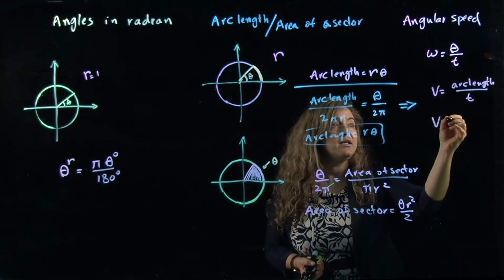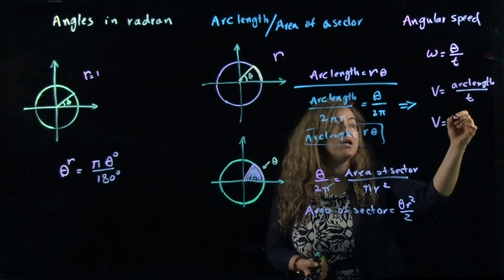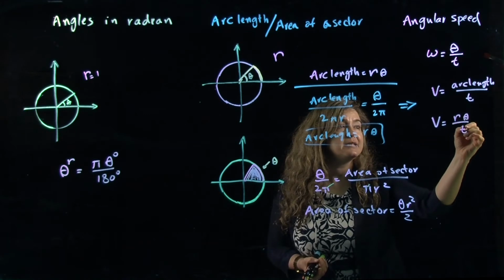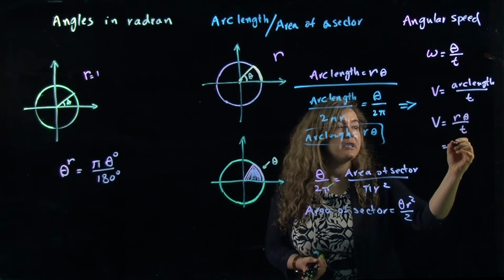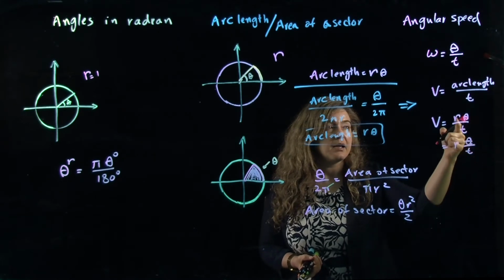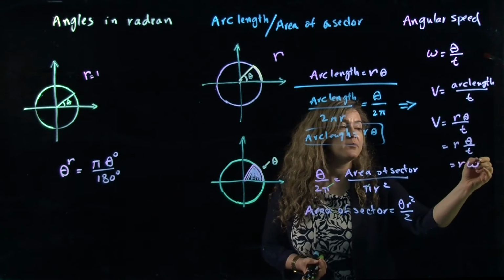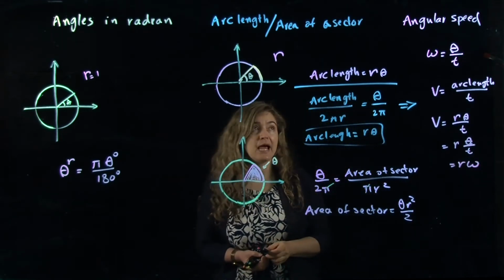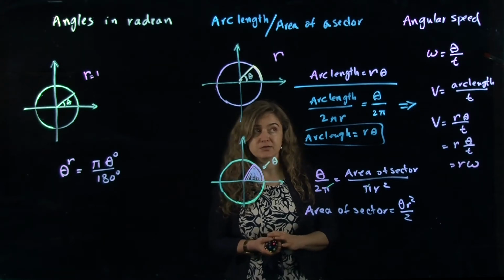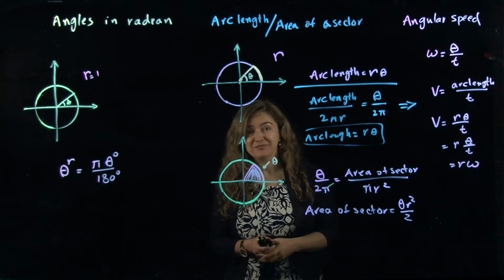And what is arc length? Arc length is r times theta, divided by t. And I'm bringing r outside the fraction, so it's equal to r times omega, or r times the angular speed. Those formulas are useful in your physics courses. And we're done with this section.